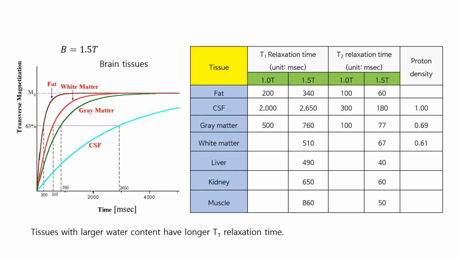So we can see the T1 relaxation times in brain tissues. So white matter and gray matter, CSF. CSF is fluid, and the fat.